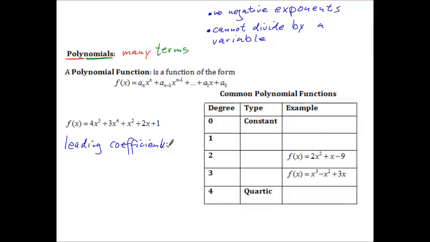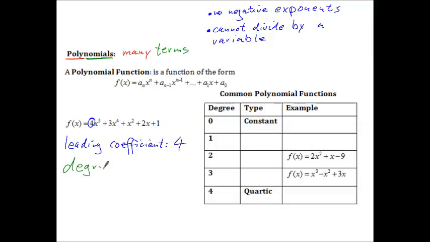And that's why it's helpful when we have the terms ordered by exponent and the term with the highest exponent on the left. Then we can see that in this case, 4, the coefficient of our term 4x to the fifth power, is the leading coefficient. The other important concept is the degree.